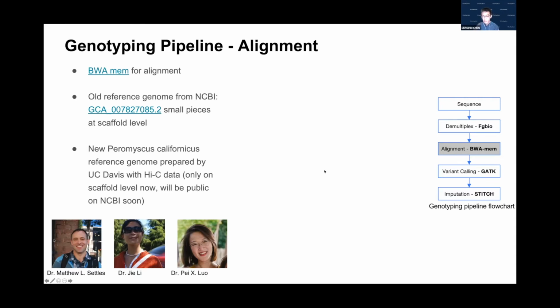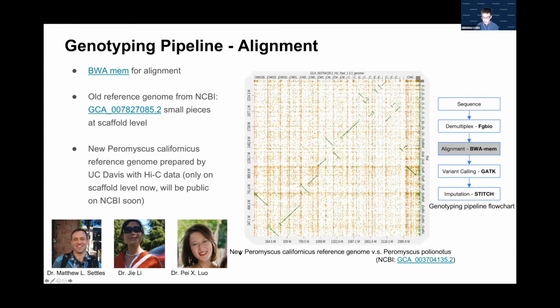Here is a basic comparison between the new reference that UC Davis is preparing and another Peromyscus species, which is really close to the one we are studying. On the right side, you can see the current reference genome and the new reference genome that UC Davis is preparing.